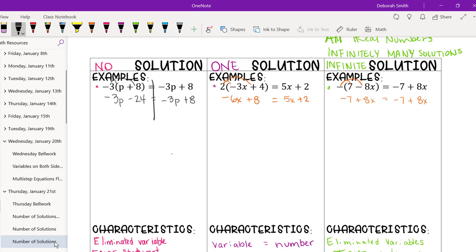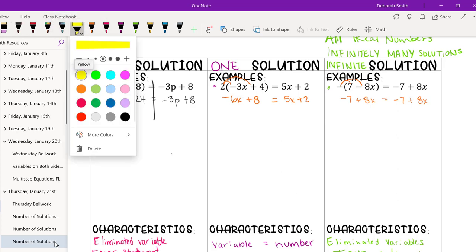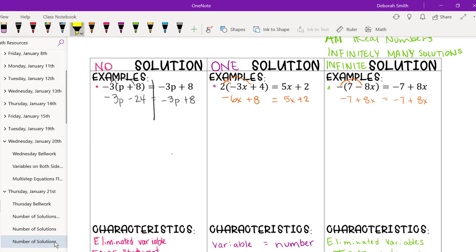Okay, so once you get to that point, the first thing we're going to do is compare our coefficients. Now over here, my coefficient is -3, multiplying p. On the right side, I have a -3 multiplying the p.